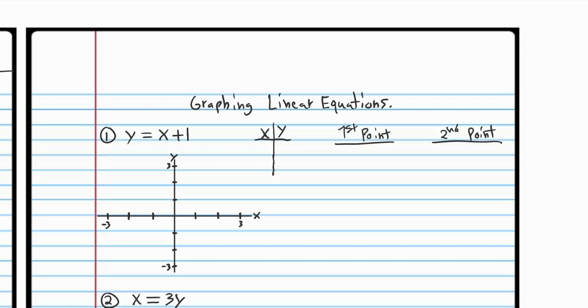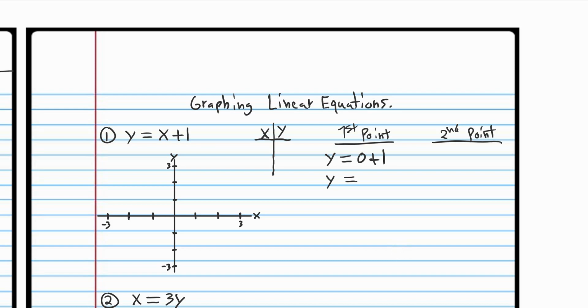The easiest points to choose are usually 0, 1, or -1. So I'm going to choose 0 for x, and then I'm going to plug in 0 for x. So I plugged in 0 here. And then I'm going to figure out what y equals if x is 0.